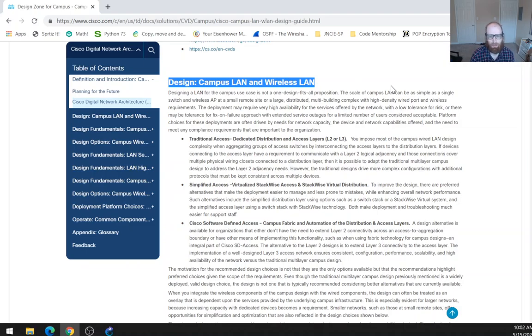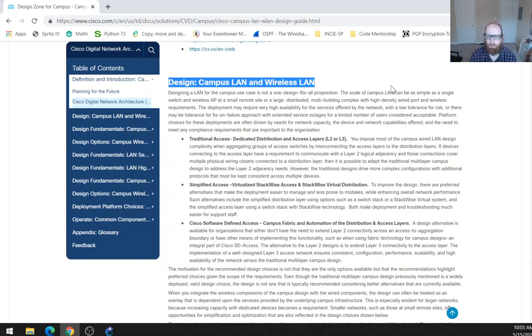Traditional access, dedicated distribution, and access layers, L2 or L3, impose most of the campus wired LAN design complexity when aggregating groups of access switches by interconnecting the access layers to the distribution layers.